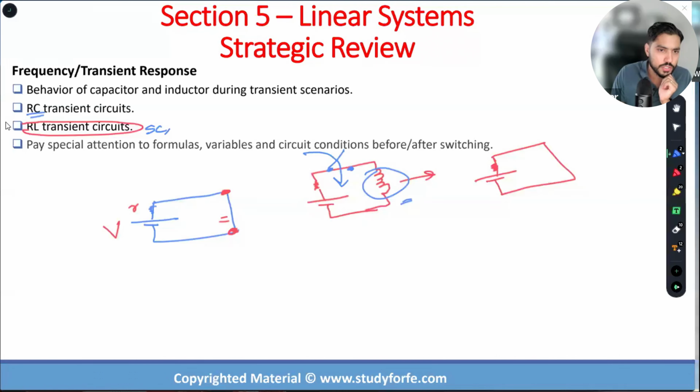Will it be a short circuit or an open circuit at this instant? What have we learned? Inductors hate sudden change in the current. So when I apply a voltage source suddenly on top of an inductor, it will act as an open circuit.